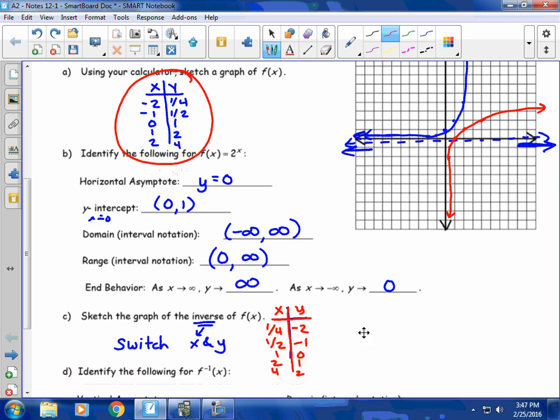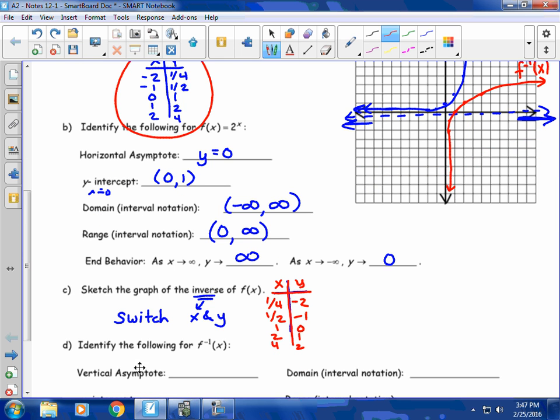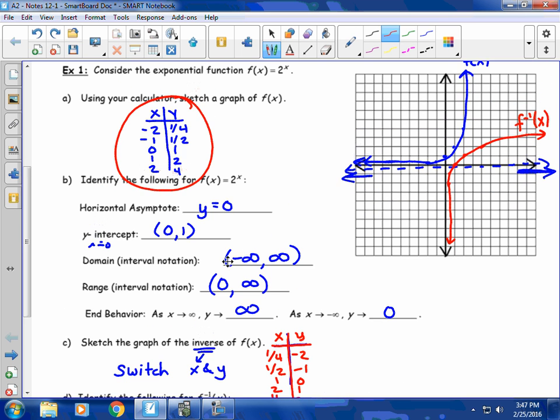All right, now to identify, actually, let me write this as f inverse. Remember that notation, so f to the negative first power, f inverse of x. Down here where it says to identify for f inverse of x, it talks about a vertical asymptote. Okay, well, think about it for a second. If the horizontal asymptote was y equals 0, when I switch x and y, what's going to happen to y equals 0?